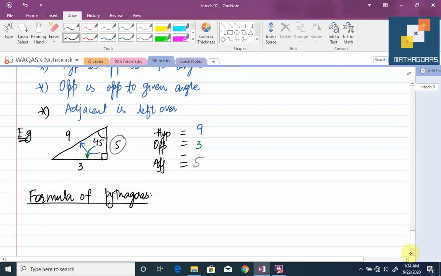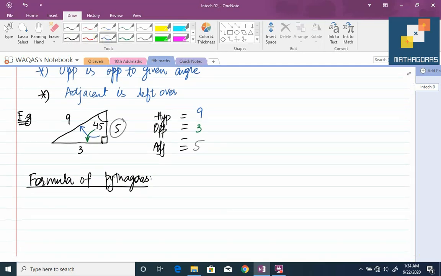What is the working formula? Pythagoras says hypotenuse square is equal to opposite square plus adjacent square.